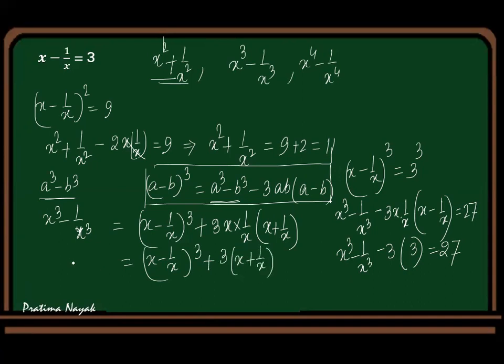Directly I can put x cube minus 1 by x cube is equal to (x minus 1 by x) whole cube, 27, plus 3 into 3, that is 9. So how much will it be? 36. So 36 is the answer.